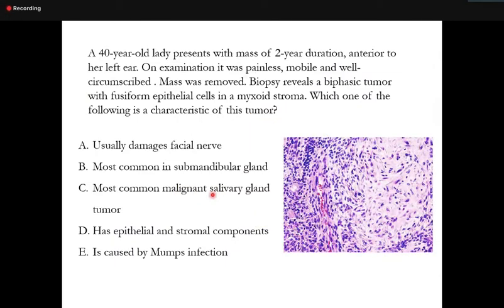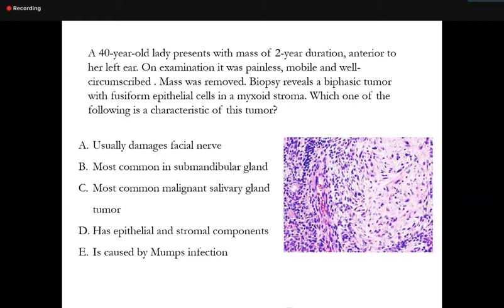MCQ for you. So it is easy. This is a pleomorphic adenoma.